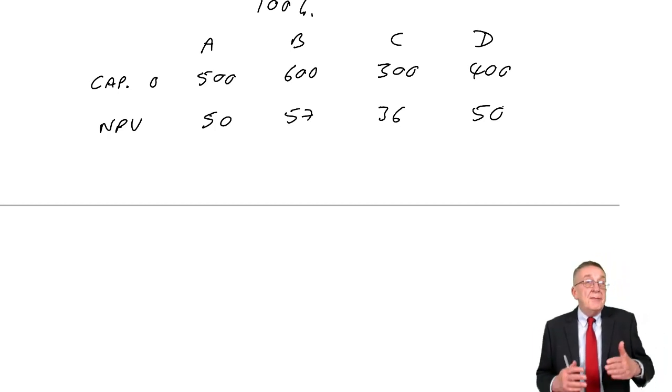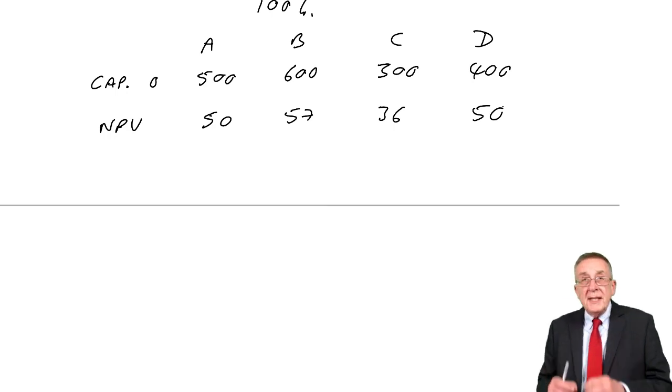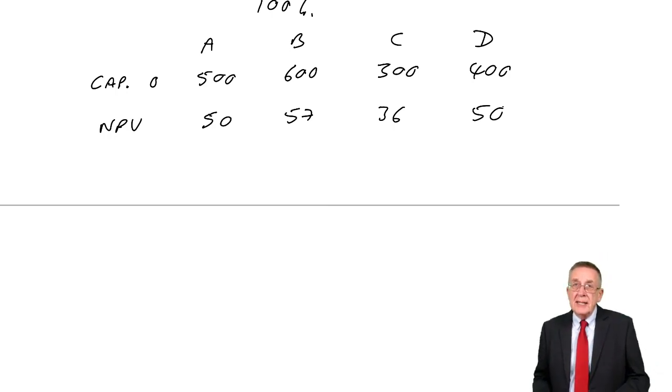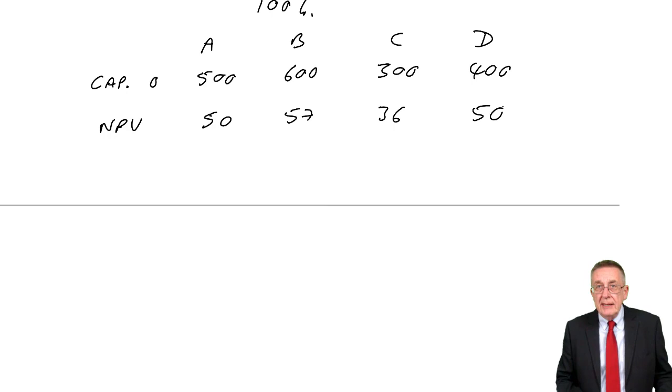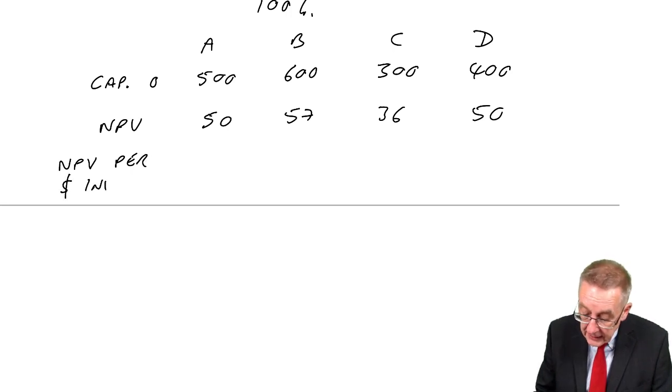And because they're divisible, we then calculate what NPV would be generated for every dollar invested. The net present value per dollar invested.